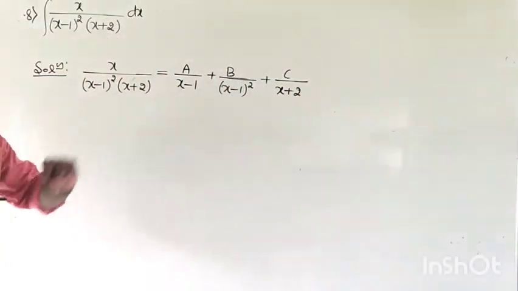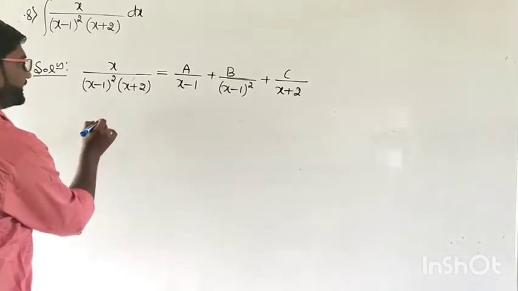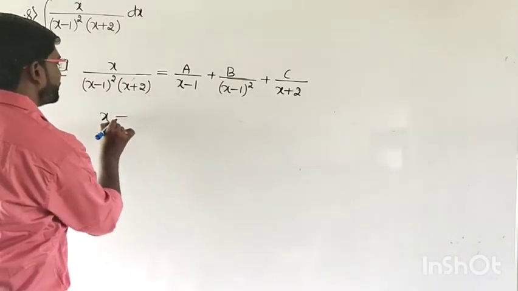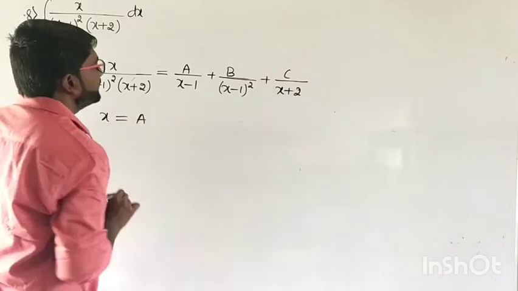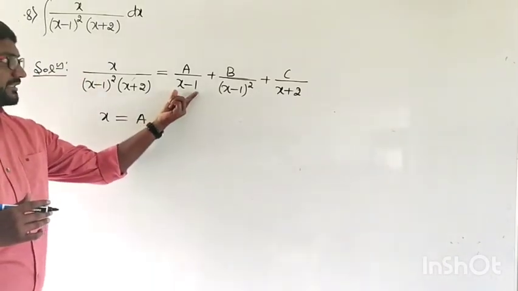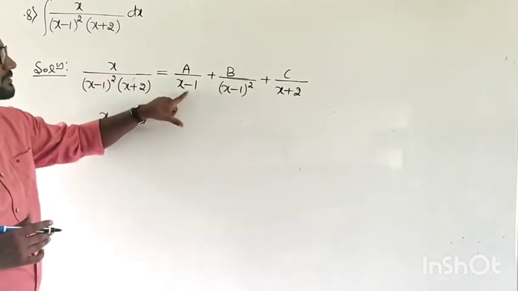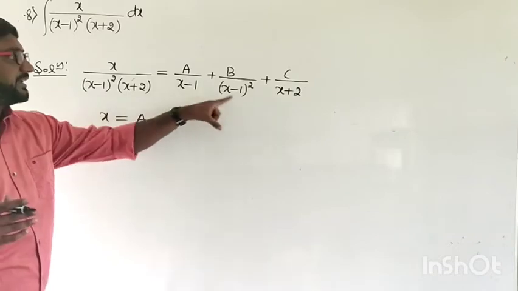So now we have to take up the LCM on the right hand side. So here I write x is equal to a into, we have to write the factors other than this one. So leave this and write the other two factors. If you leave this x minus 1, you have one more x minus 1.